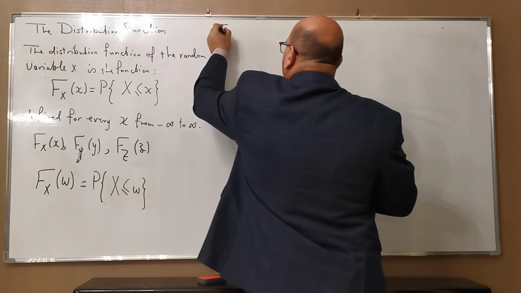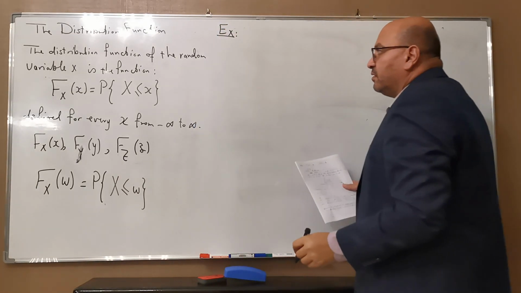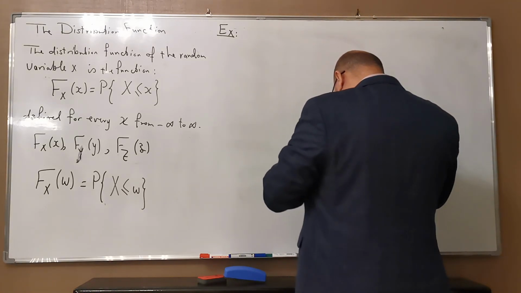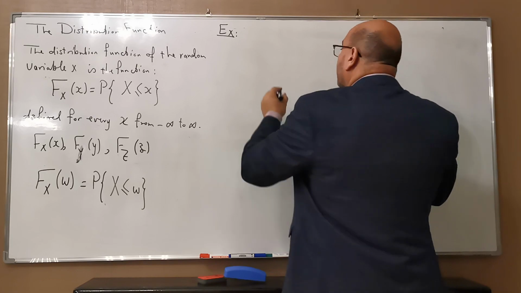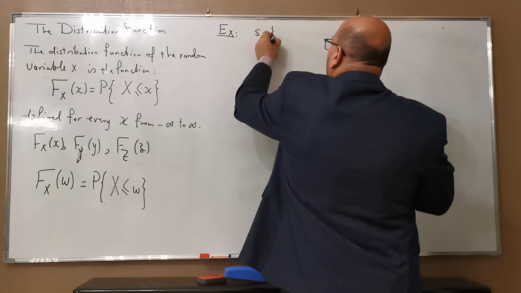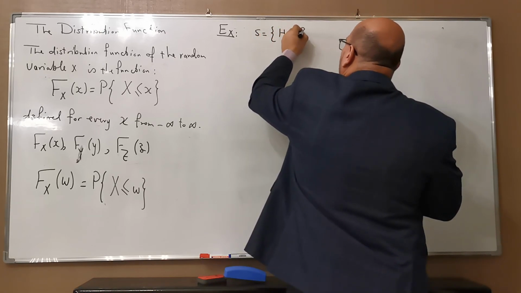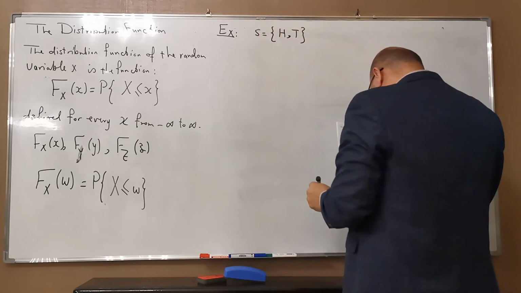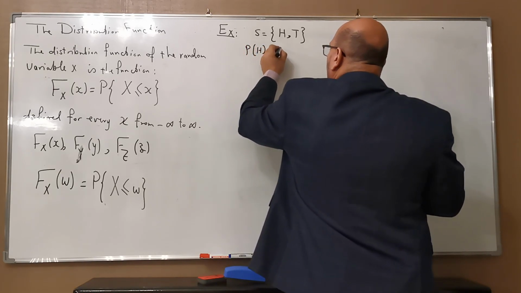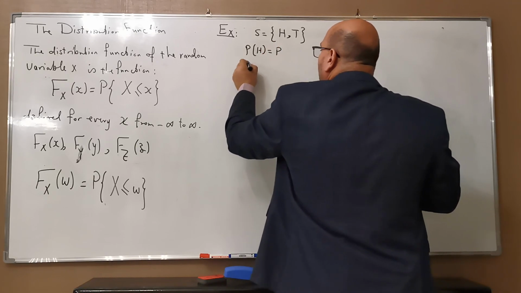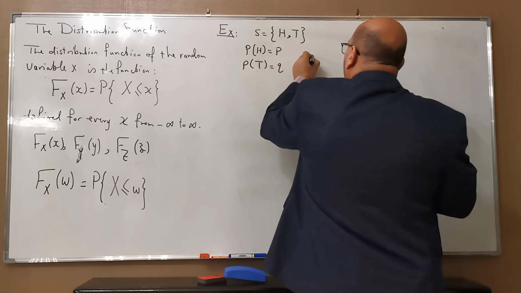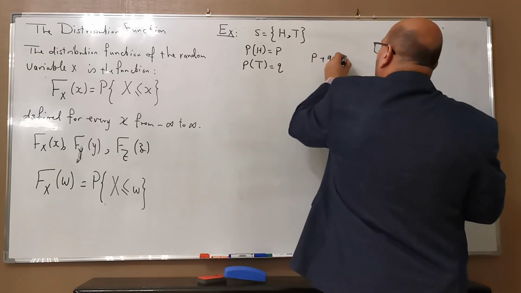Let's take an example and see how we can demonstrate the distribution function. If we remember the sample space S, which has the H and T in our experiment, where the probability of H is equal to P and the probability of tails is equal to Q, and P plus Q equals 1.